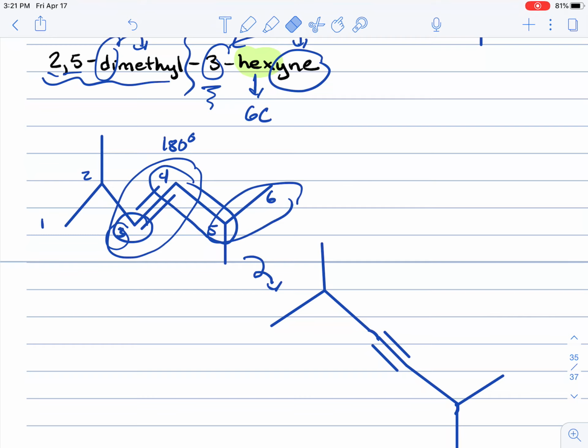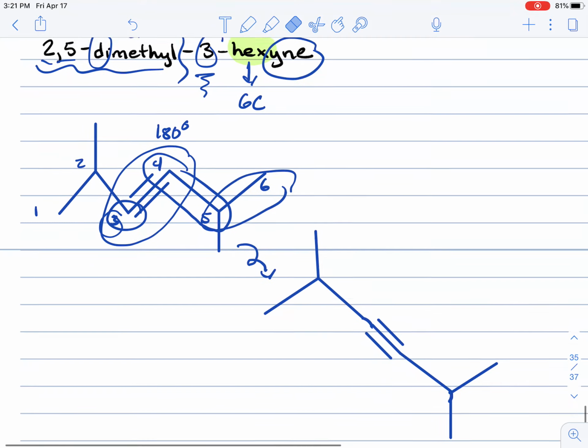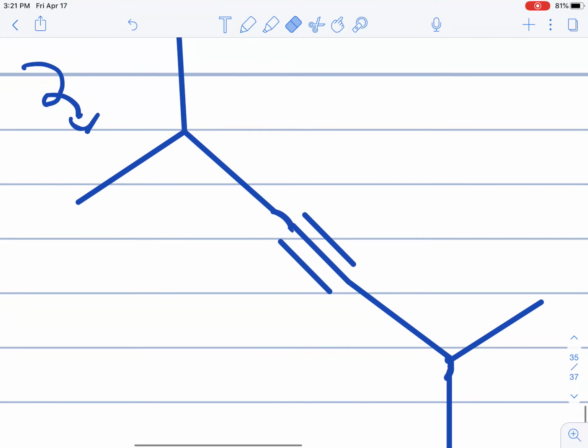Okay. And so once again, triple bonds are a little special. You need to make sure that either side of the carbon, those bonds are 180 degrees. Okay.